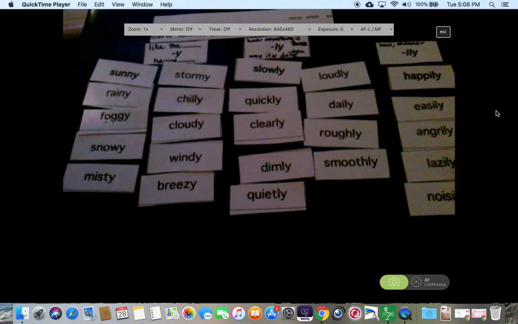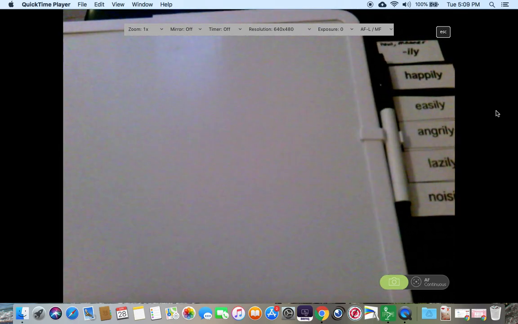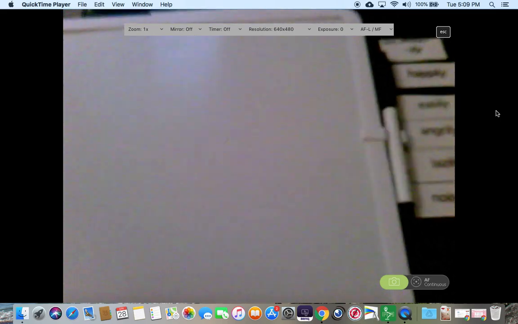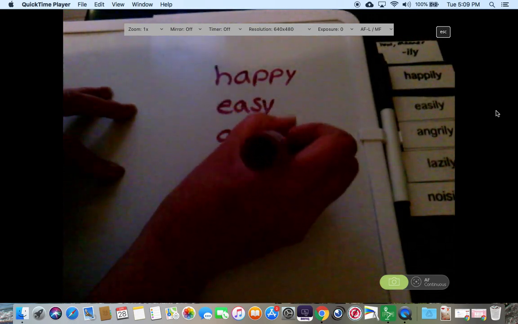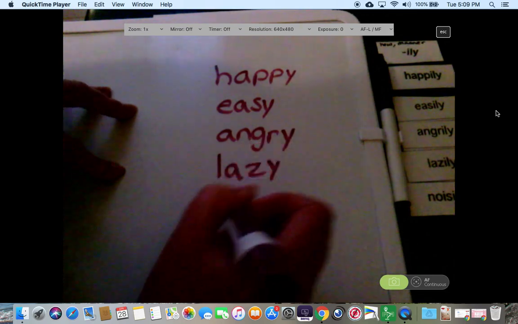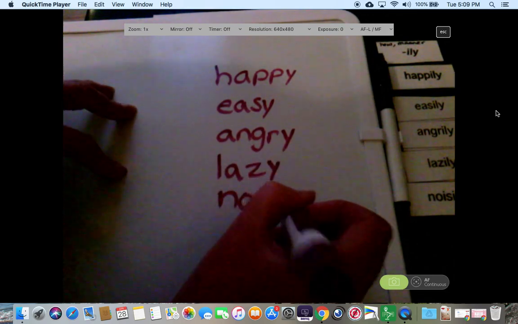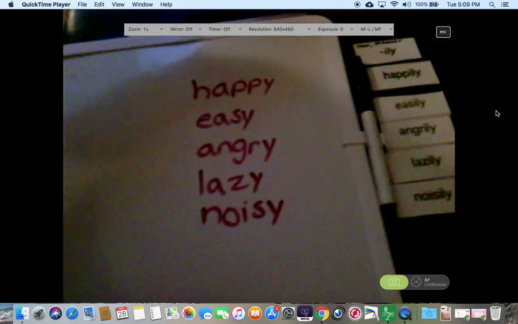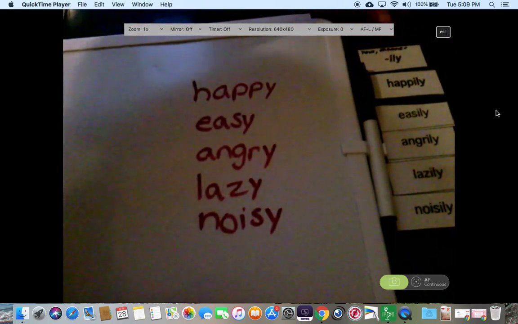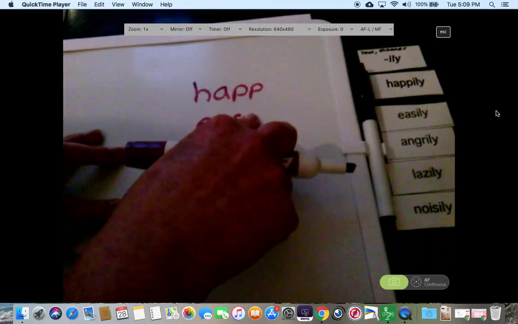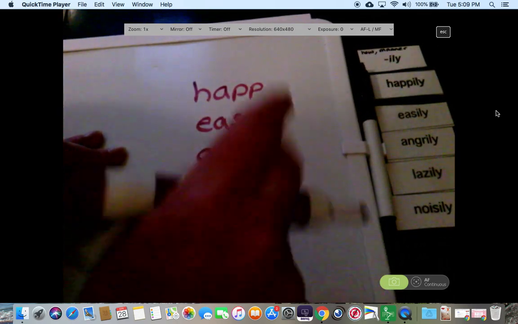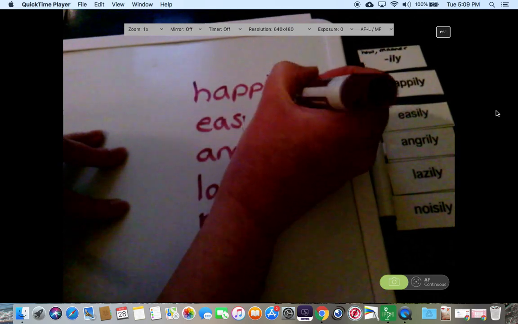And so one of the things that I want to show you that you won't be able to really see here, but is important for you to know, spellers, is that when you have a word like happy, easy, angry, lazy, and noisy, and you want to add the ly to it, you actually take away the y, replace it with I, and then add ly.